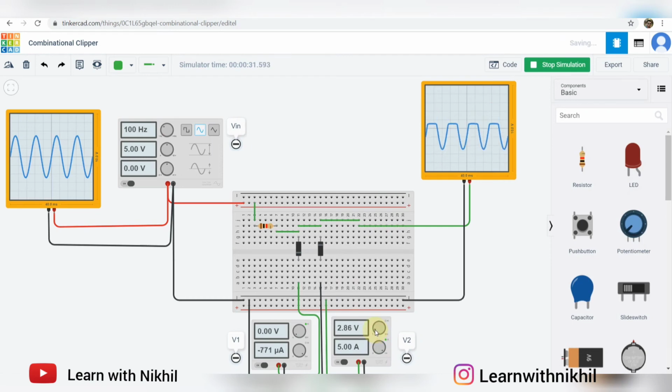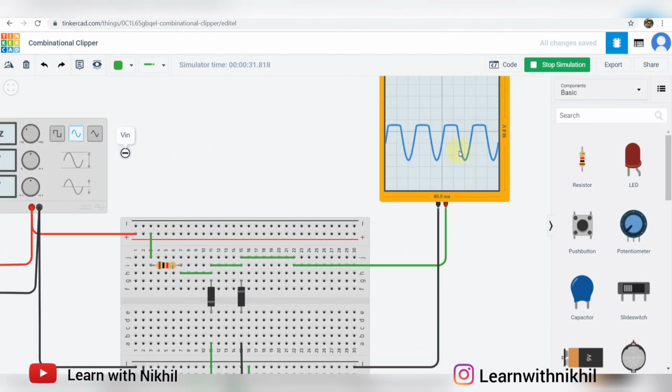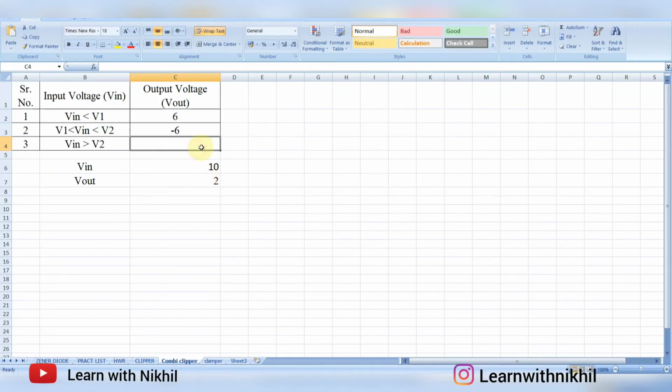You can keep it anywhere in between. So here also you get around minus 6 volts.